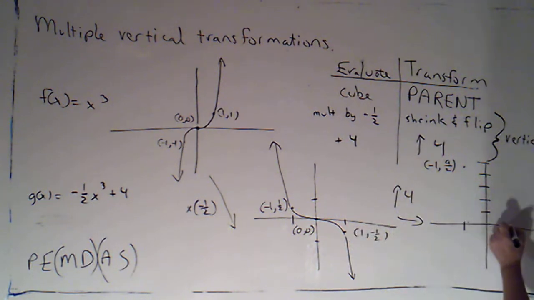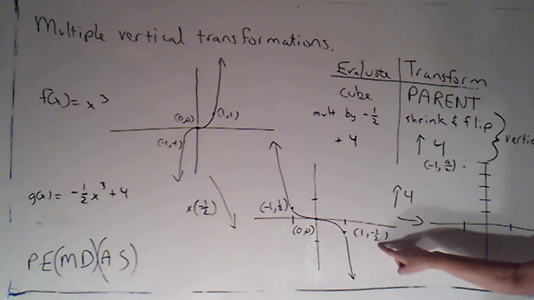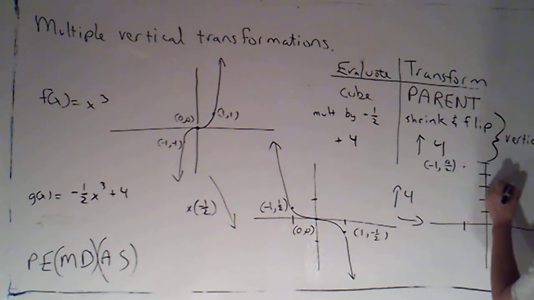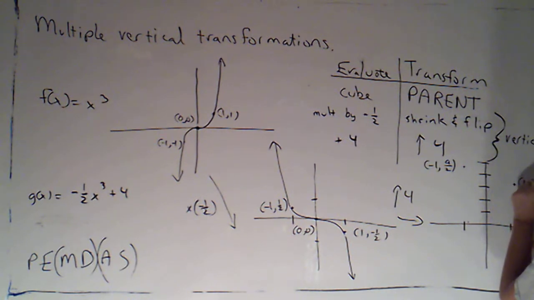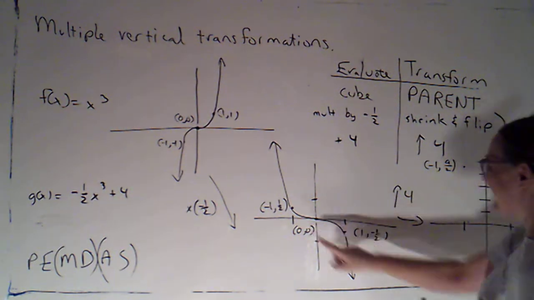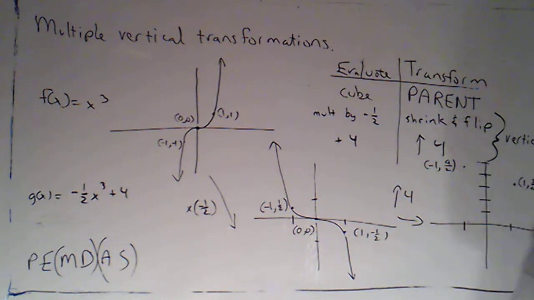Here, keeping the x value the same at 1, adding 4 to -1/2 is going to take it up to 3.5 or 7/2. And, oh, I forgot to do this point. 0, 0, adding 4 to that y value is going to make that point be 0, 4.